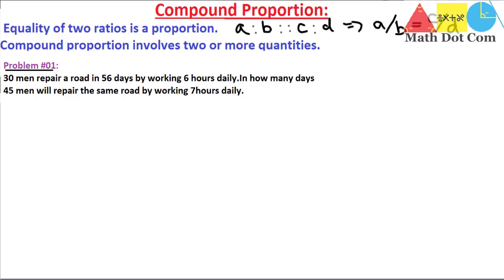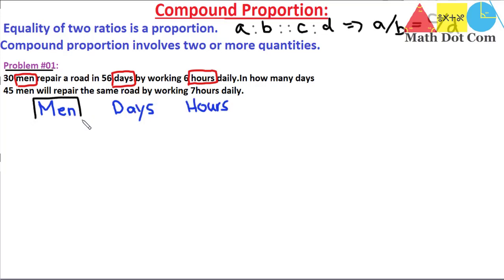So the first step is to find out the quantities involved in this problem. The first quantity is men, the second is days, and the third is hours. So let's write them as men, days, and hours. This is the first step, to understand the quantities involved in the problem. Then we have to write what is given.